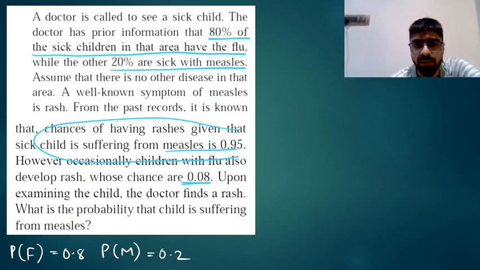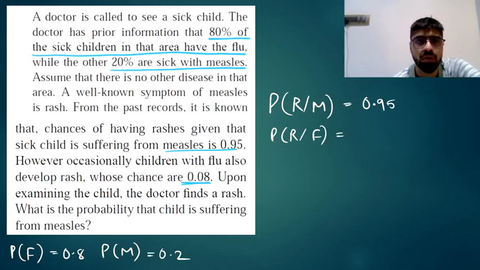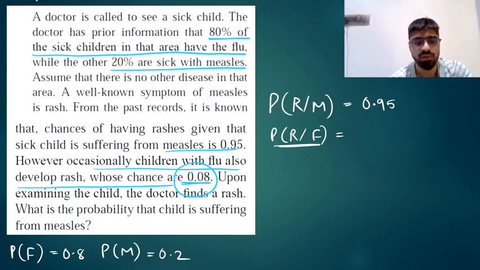So probability of a rash, given that it is measles, will be 0.95. And probability of getting a rash, given that it is flu. They have said that occasionally children with flu also develop rash with a probability of 0.08. So probability of rash, given that it is flu, is 0.08.